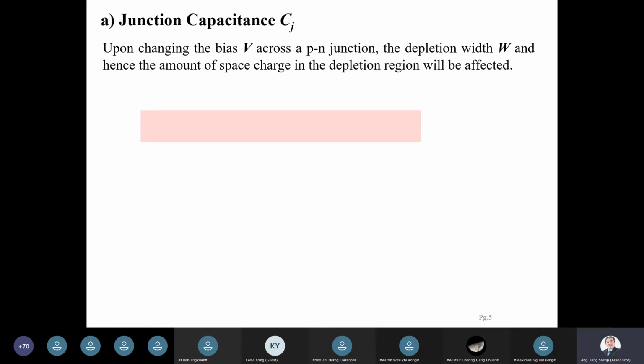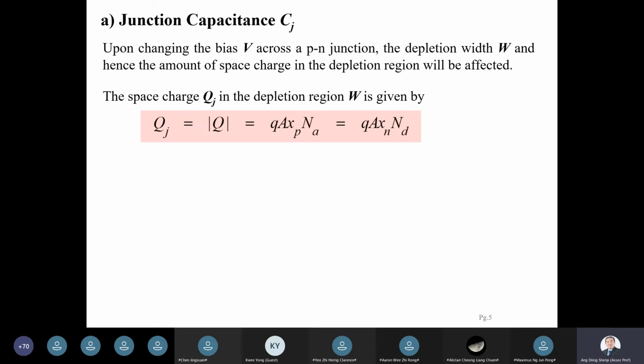With that, I hope you can recall clearly why the width of the space charge region will have to increase under reverse bias. So what is the amount of space charge stored at the PN junction? We can express it like this. Look at the P side. If you take qNA, which is the space charge density on the P side, and multiply it with the volume of the space charge region, A times Xp gives me the volume of the space charge region on the P side.